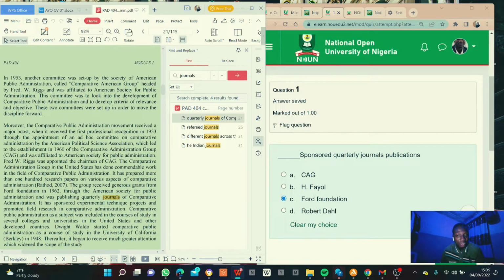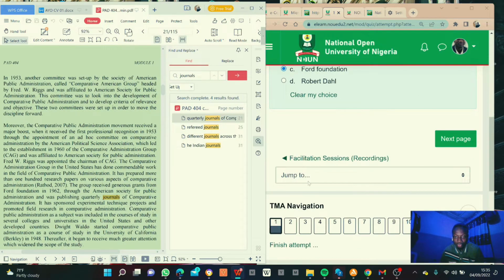But the question is not which group published. The question is who sponsored the publication. And from what we can see here, the group received generous grants from Ford Foundation in 1960. So the answer is Ford Foundation. So that's that. Let's go to the next.